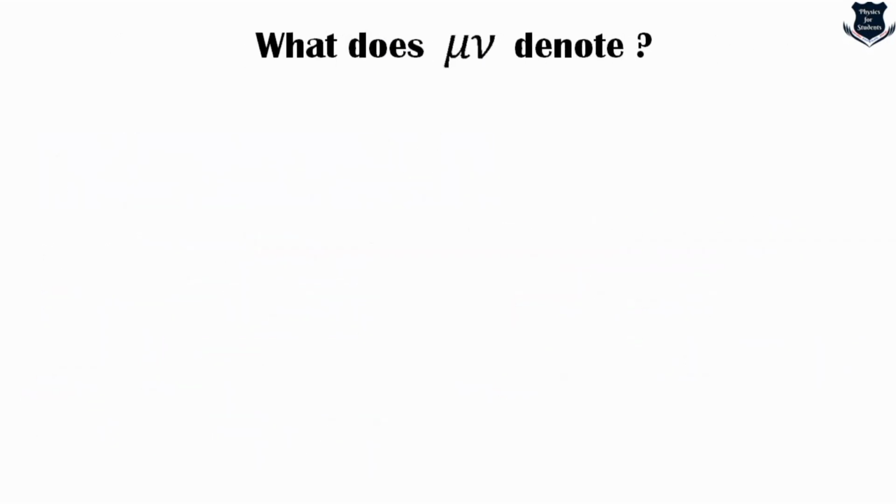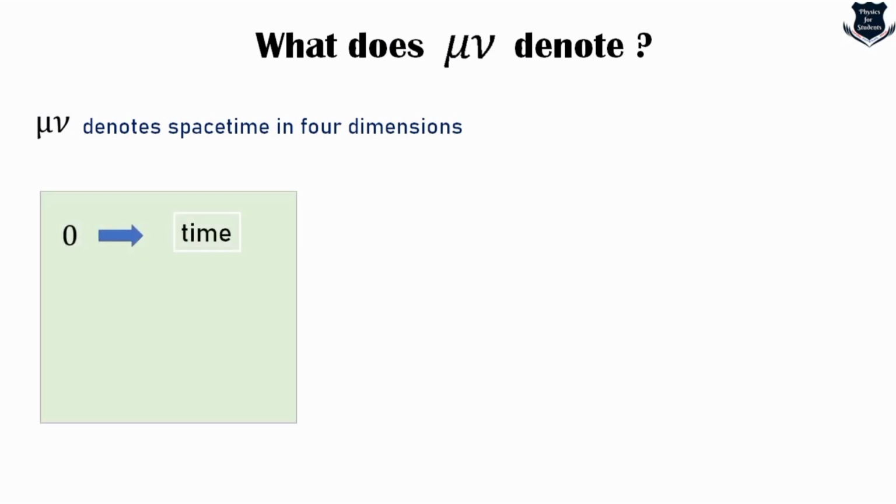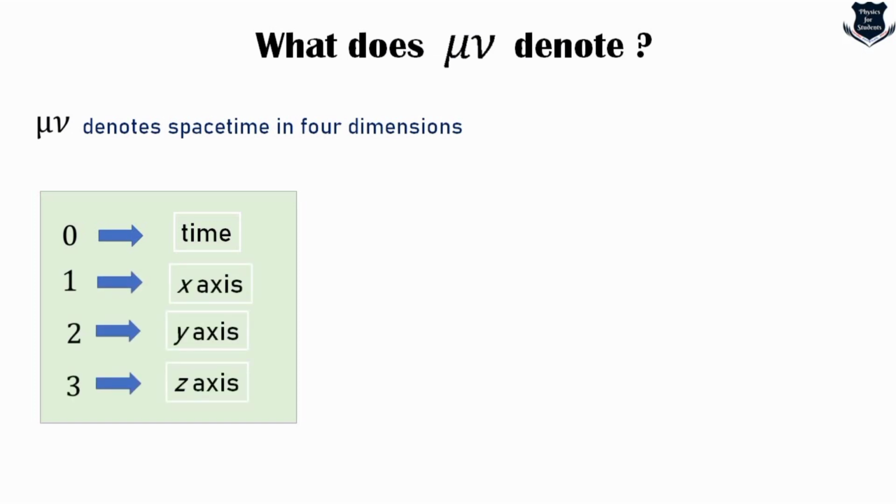First of all, let us understand the Greek letters mu and nu that we have seen. What do they denote? Mu nu denotes space-time in 4 dimensions. The 0 component denotes time. Then the first would be the x-axis, the y-axis, and the z-axis. Let us see how it can be demonstrated visually.